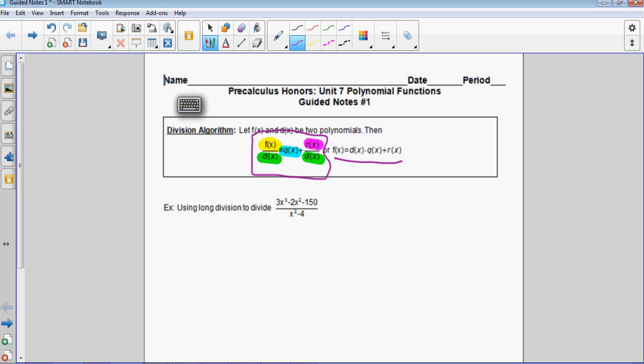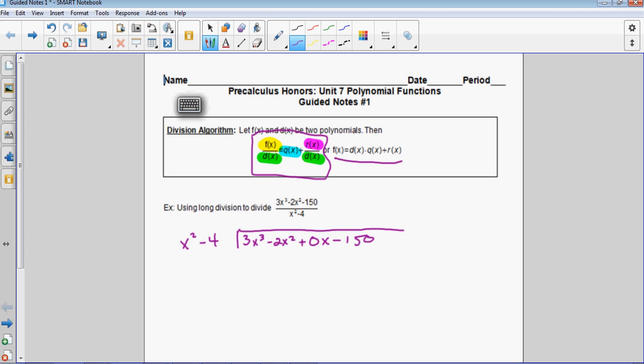We're dividing by x squared minus 4, and we're dividing 3x cubed minus 2x squared. We don't have a linear term, so we'll put in 0x minus 150.